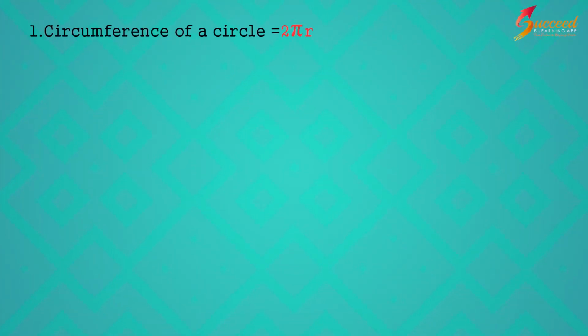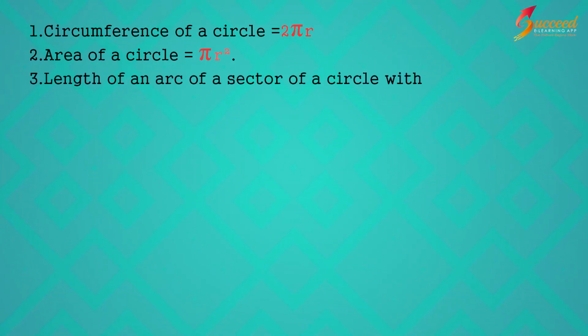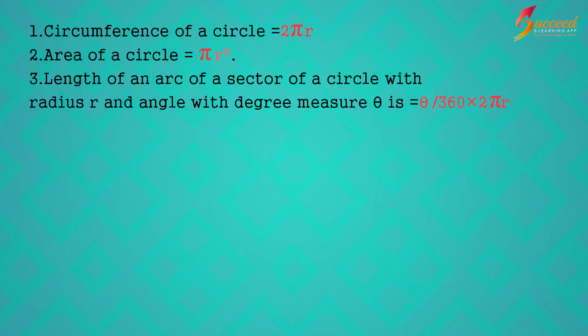So, let us see what we have learnt in this chapter. To summarize, circumference of a circle is given by 2 pi r, where r is the radius of a circle. Area of a circle is given by pi r square. Length of an arc of a sector of a circle with the radius r and the angle with degree measure theta is given by theta divided by 360 into 2 pi r.